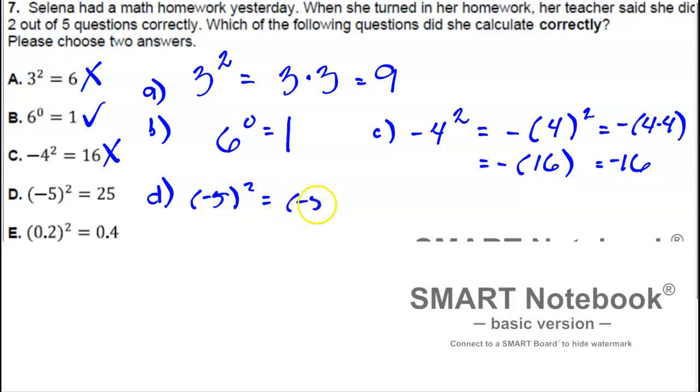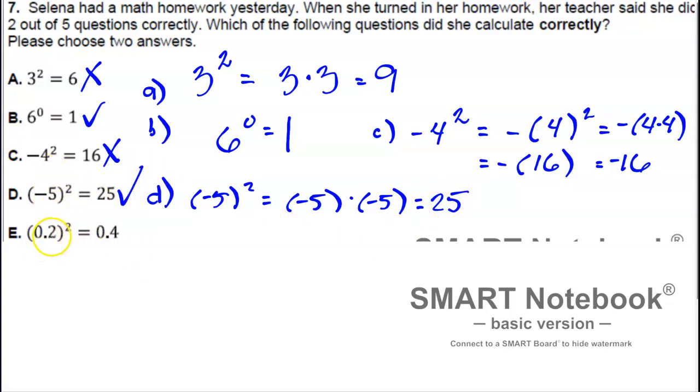So what's the base? This. Multiply it times itself how many times? Twice. So now we have a negative times a negative, which is positive. 5 times 5 is 25. And we're done. So this one's correct.